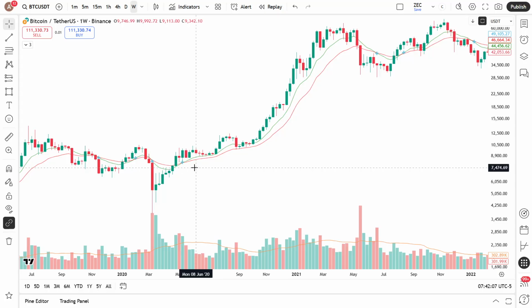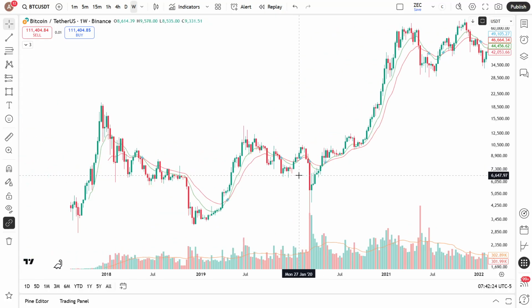But if I'm seeing Bitcoin break out on the weekly and then hold these EMAs very consistently, you see it's 1, 2, 3, 4, 5, 6 weeks, and then right here again, 1, 2, 3, 4, 5, 6 weeks again, then this is a really big sign of high long time frame expansion, right?